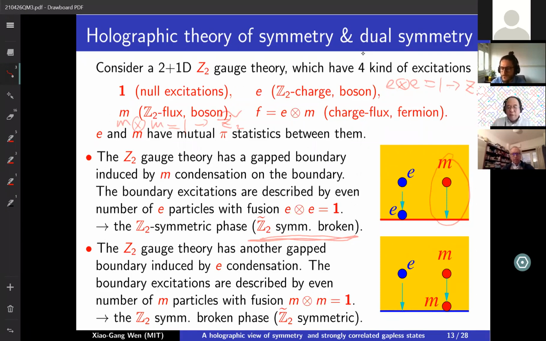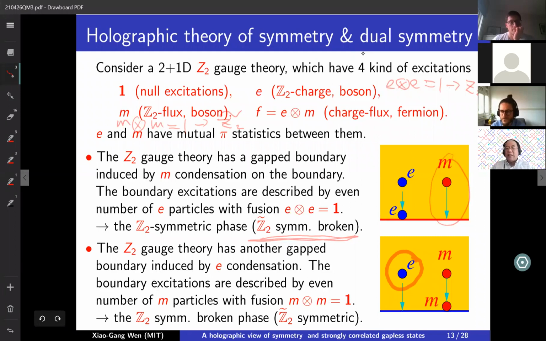For those who are familiar with category theory, this is just that picture. And certainly for this Z2 gauge theory, M forms a condensable algebra they can condense. Actually, E also forms a condensable algebra they can condense. So we can have another boundary which has E condensation, which gives us the Z2 symmetry breaking phase, but the dual symmetry is symmetric. So that gives another phase.